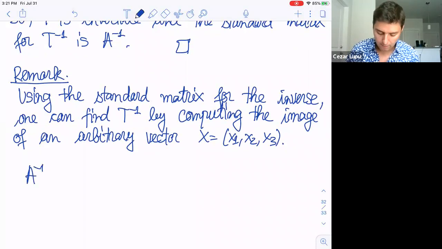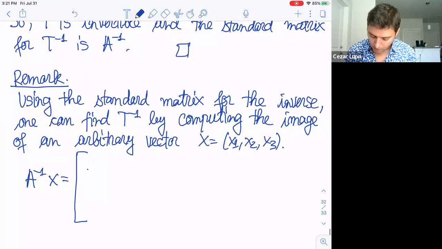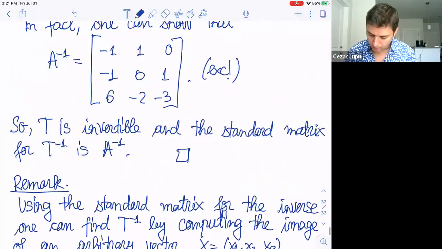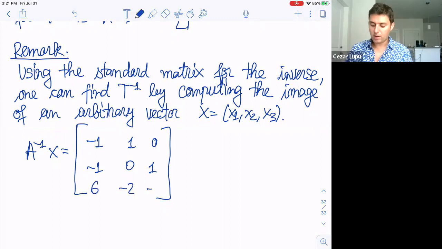So we have A inverse of x. You can just put the inverse here that we just computed, so negative 1, 1, 0. The second one was negative 1, 0, 1. And the third one was 6, negative 2, and negative 3. And you can multiply this by this vector, x1, x2, and x3.